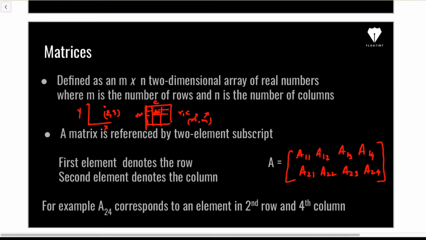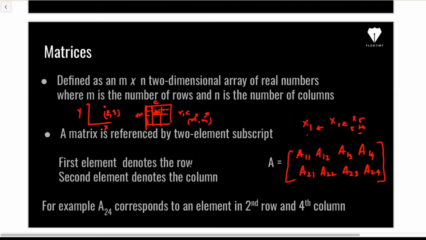If you remember the vectors from the last class, we had x1. This was the subscript, and I told you it means the first element in the x vector. If you write x5, it means the fifth element in the x vector. Now you have a two-element subscript, because this is a two-dimensional representation.